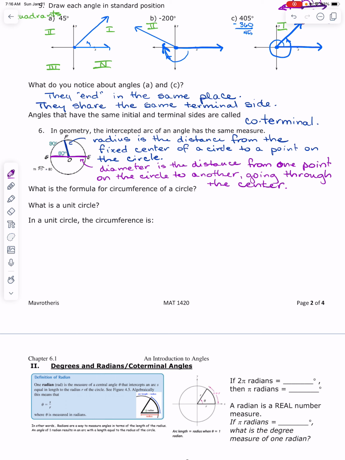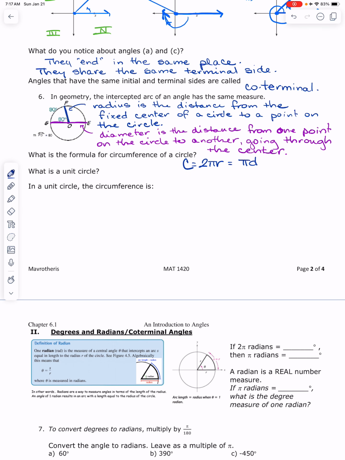Okay. So back here, the formula for the circumference of a circle. Circumference is 2 pi r. 2 times pi times r. Notice that the radius is the distance from the center to a point on the circle. The diameter is twice that distance. So sometimes you see it as pi times the diameter. Same thing.